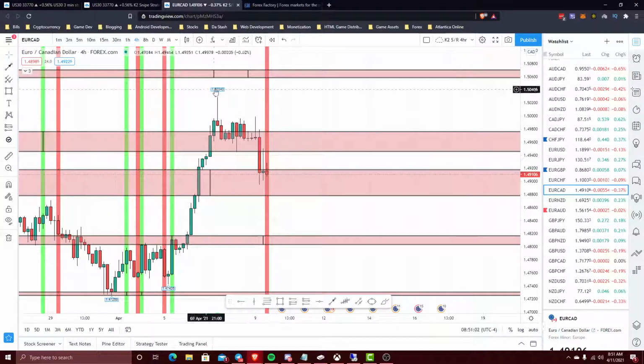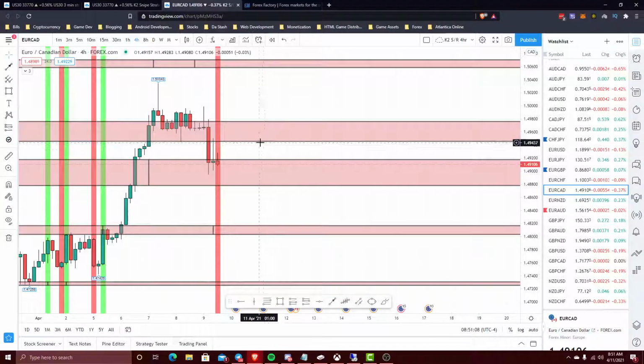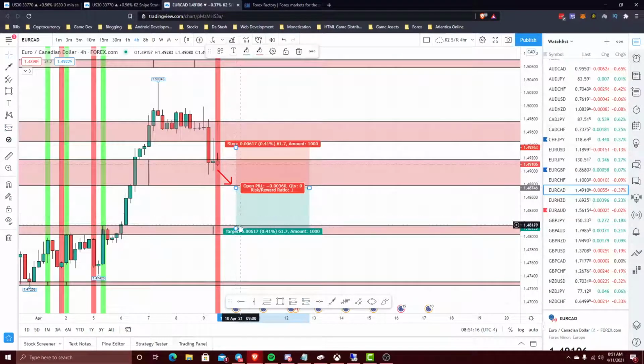We have this bearish signal. If it breaks below the zone here, I'm going to take a short. And that's up to maybe about 60 pips. Well, 55 to 60 pips. Which I think that may happen this week too.